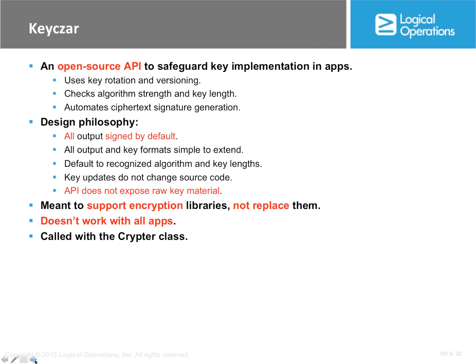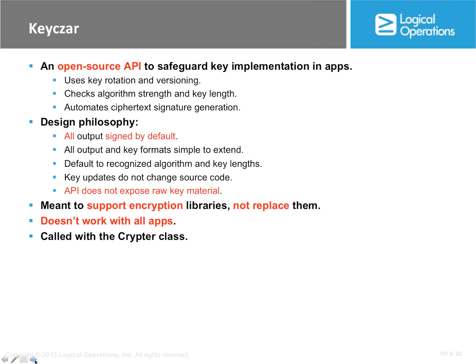As for the output of Keyczar, there are just certain principles you need to bear in mind, the design philosophy behind it. All the output is signed by default, so that's a good thing. All output and key formats are simple to extend, so when we talk about keys, extending keys should be correlated to very good things.